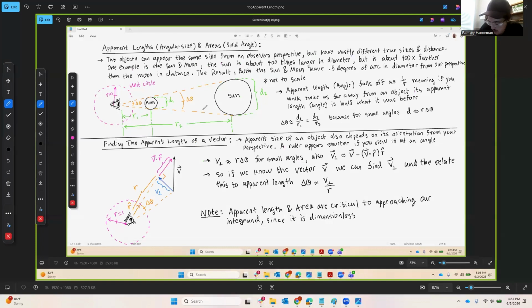Cool. So once again, like the idea of a solar eclipse. I love solar eclipses. It's just so convenient that the sun is 400 times further away, but 400 times larger than the moon.